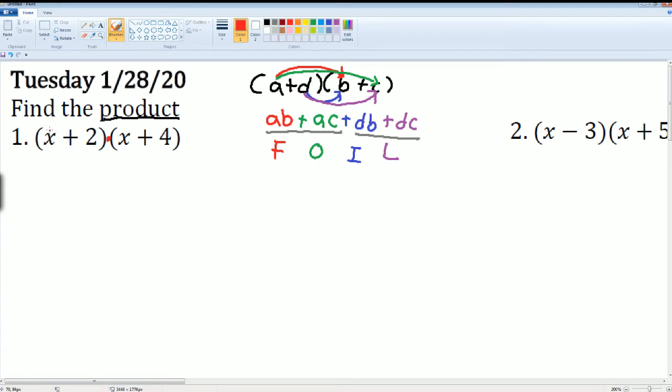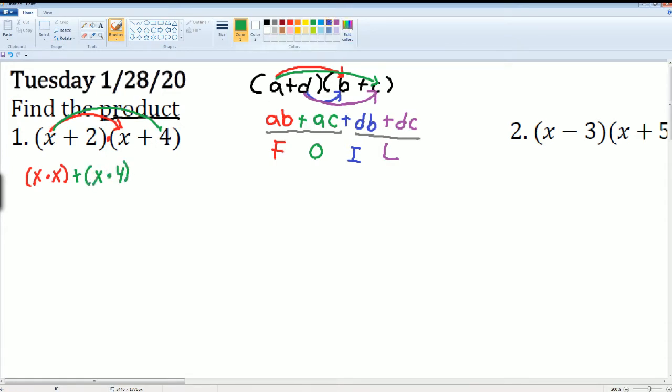So, first, that is x times x. I'm just going to write it out. X times x, we have green. That's your F, first. Now you're going to do your outer, x times 4.